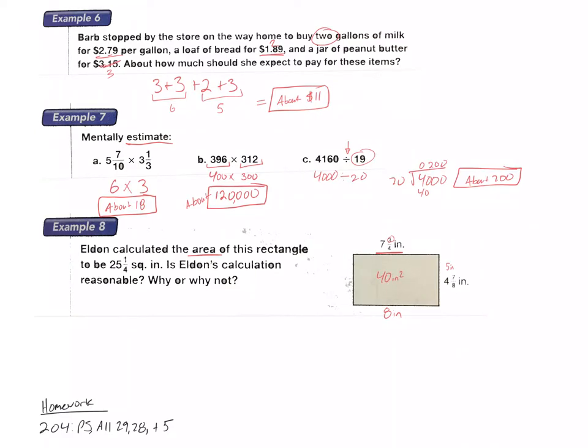So is he fairly close to that with 25.25? So I'd say no, the area is about 40 inches squared. So is it reasonable? No. Why? Because the area is about 40 inches squared.